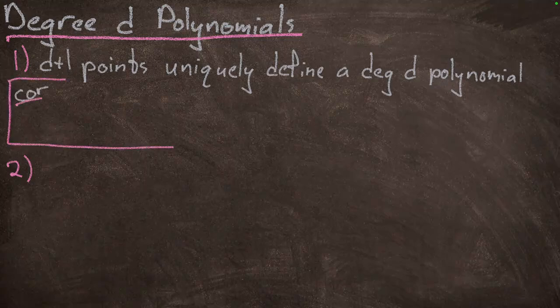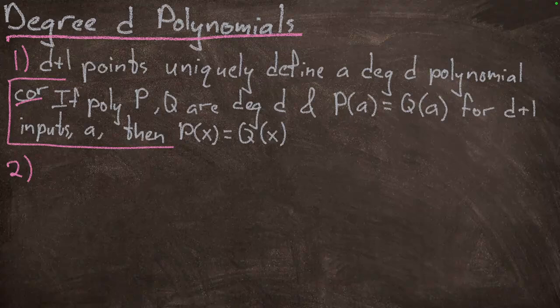And a corollary of this is that if you have 2 polynomials, p and q, that agree on d plus 1 points, then the 2 polynomials have to be the same. This is just saying it doesn't take too many points to nail down a polynomial. Another way to say that is if 2 polynomials agree on too many points, they have to agree on all the points.